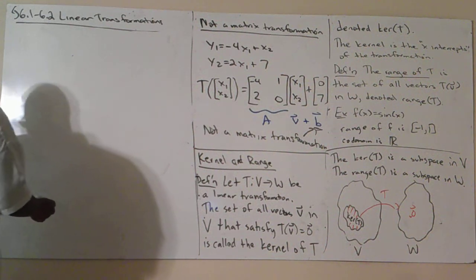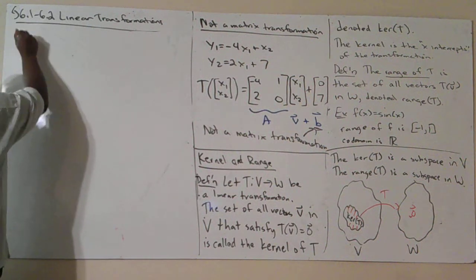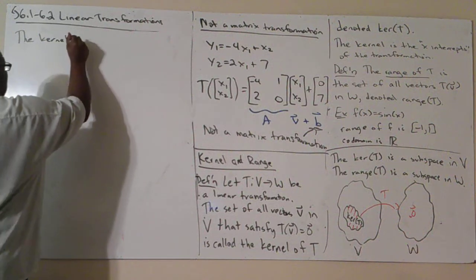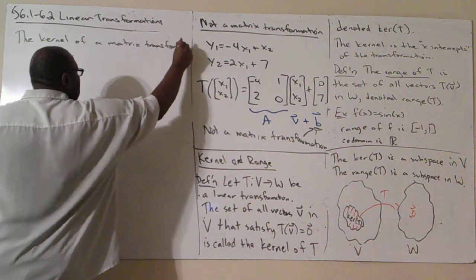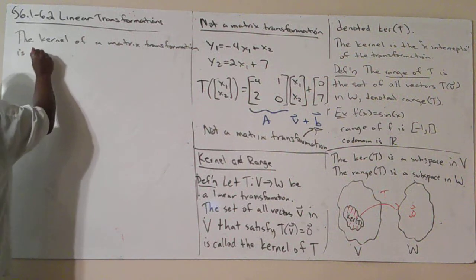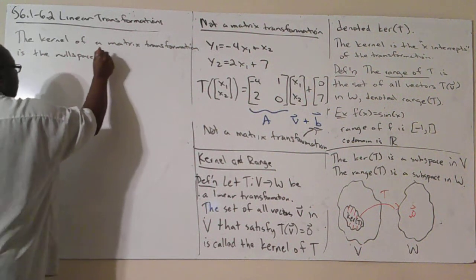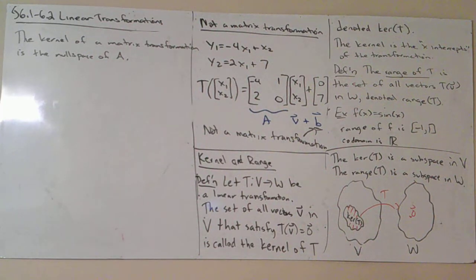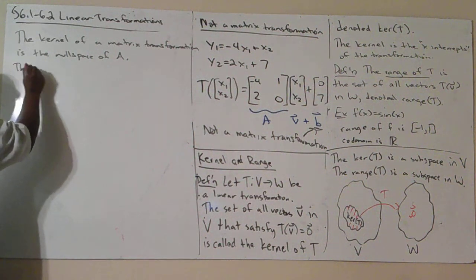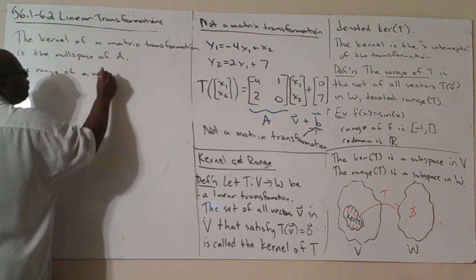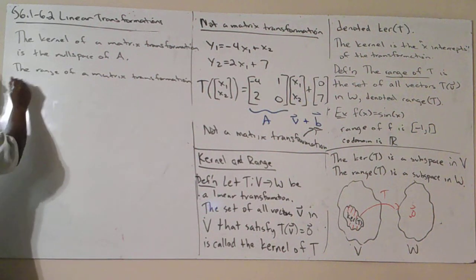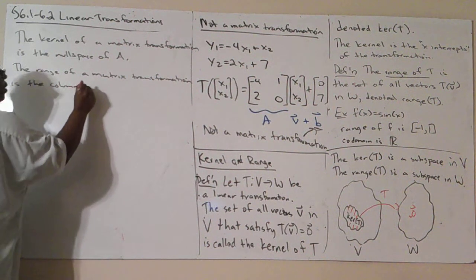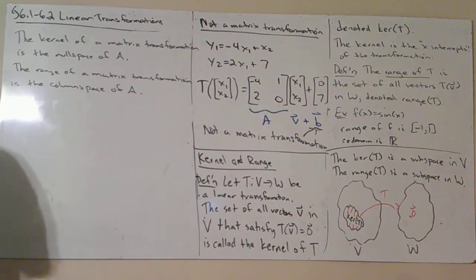The kernel of a matrix transformation is the null space of A. The range of a matrix transformation is the column space of A. It's the column space of A.